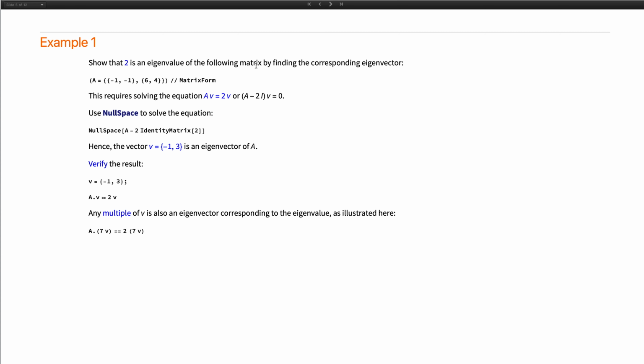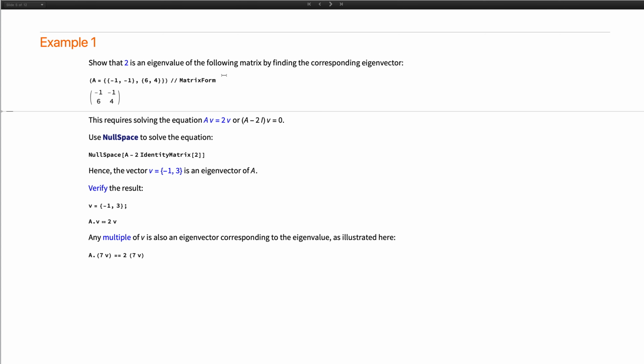As an example, here is a 2 by 2 matrix A. You're trying to show that 2 is an eigenvalue of the matrix, and then find the corresponding eigenvector. To do that, you need to solve the equation A times V equals 2V, which can be written as A minus 2 times the identity matrix, times V, equals 0.